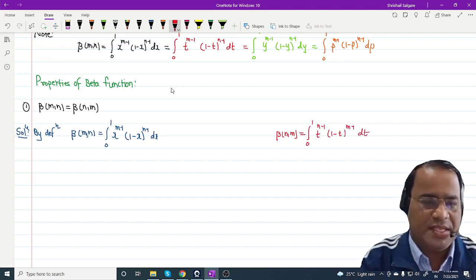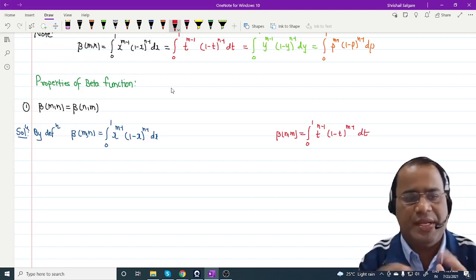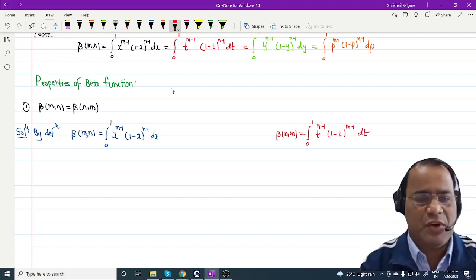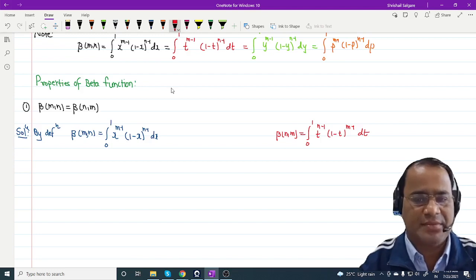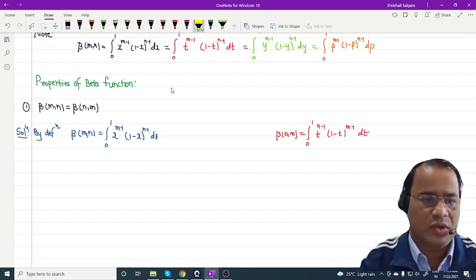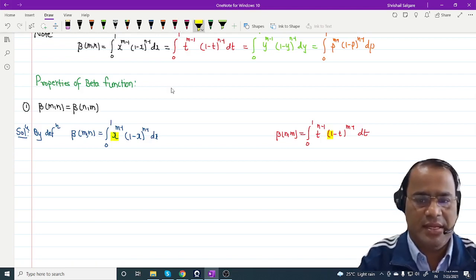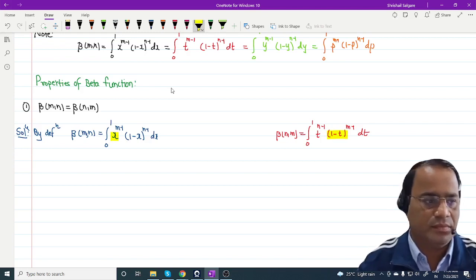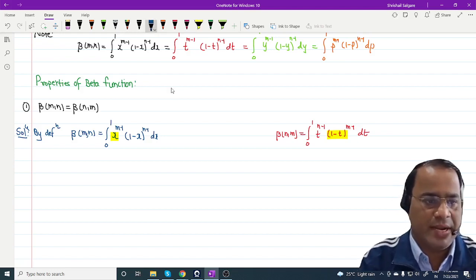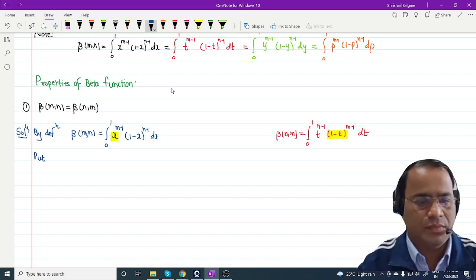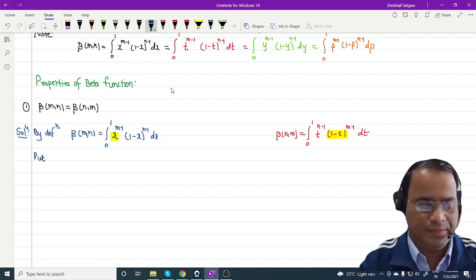So if we compare these two integrals, can you guess what will be the substitution for x? I will highlight. From that you can guess x, and here 1 minus t. Yes, Puneet, what is the substitution I have highlighted? Yes, quickly.